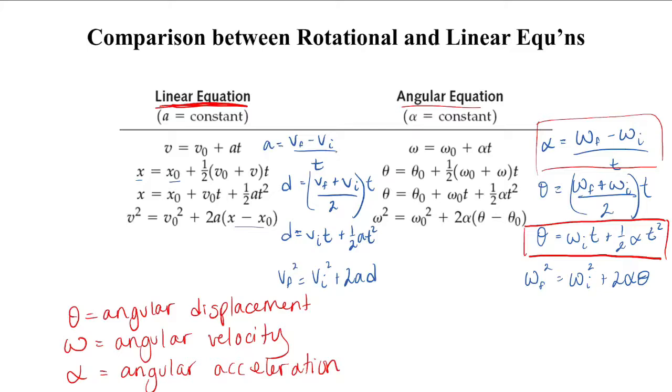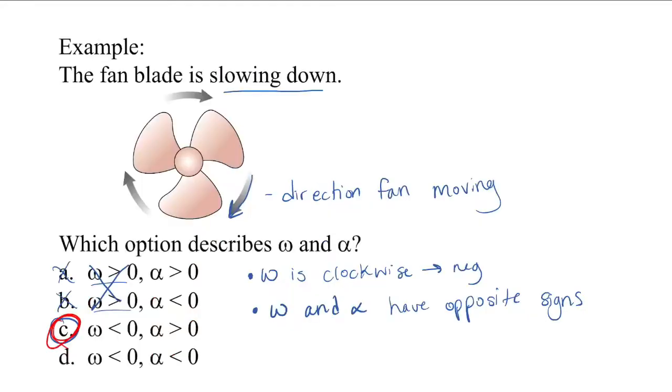I'll highlight this in green. I don't have time, so I can't use this one or this one or this one, but I can use this one. There we go. That's what I'm going to do because my final angular velocity is 0. So for part A, we can use this equation.